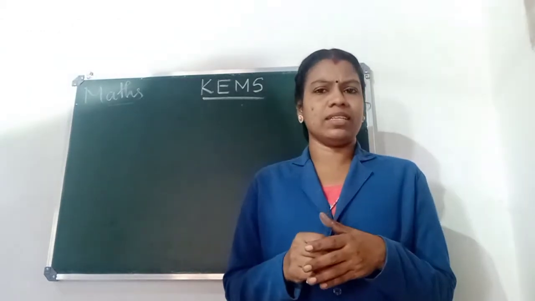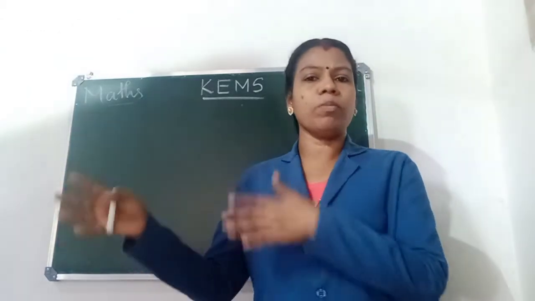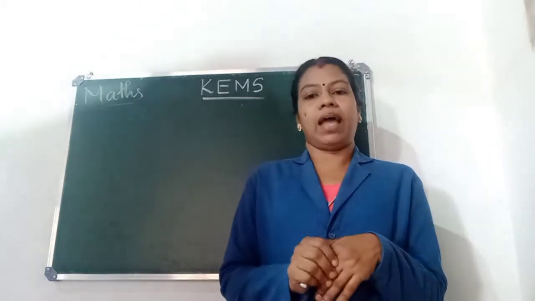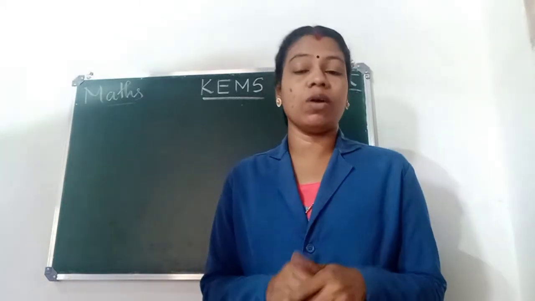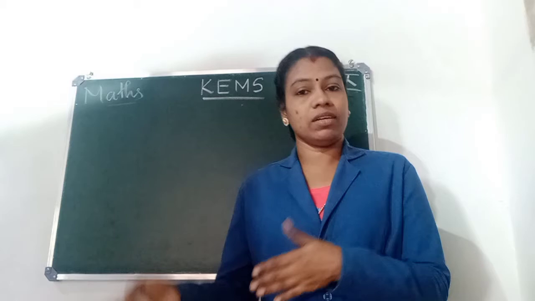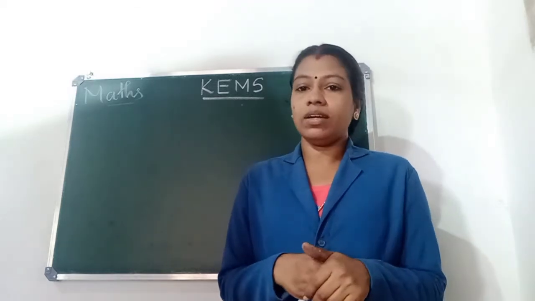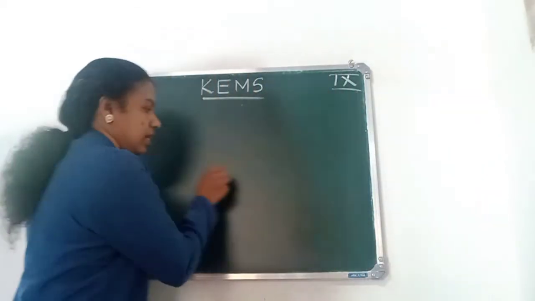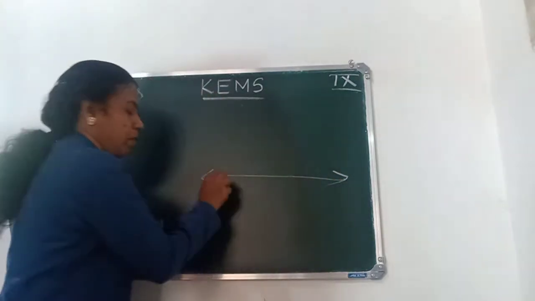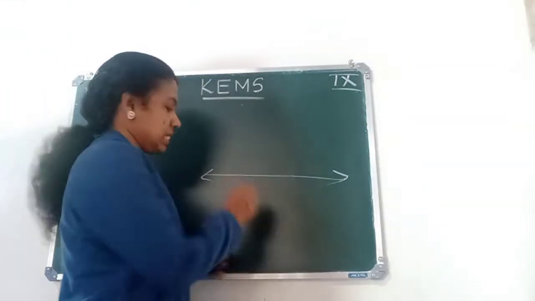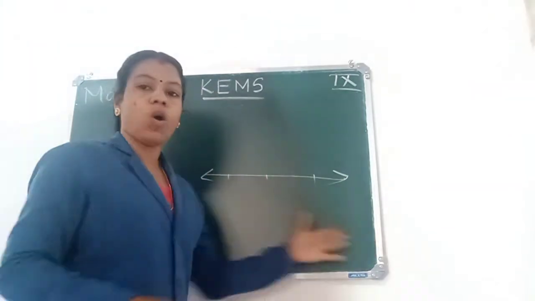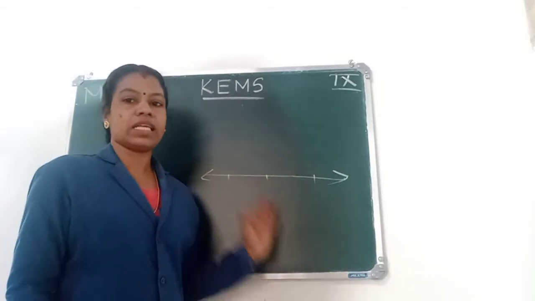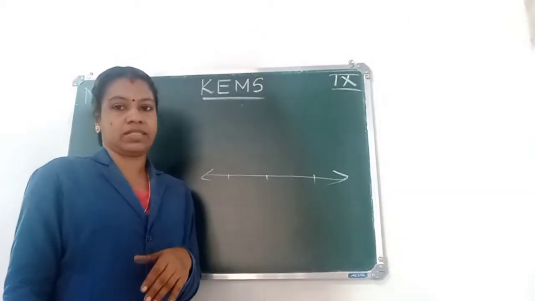If 3 or more points lie on the same line, then these points are called collinear points.